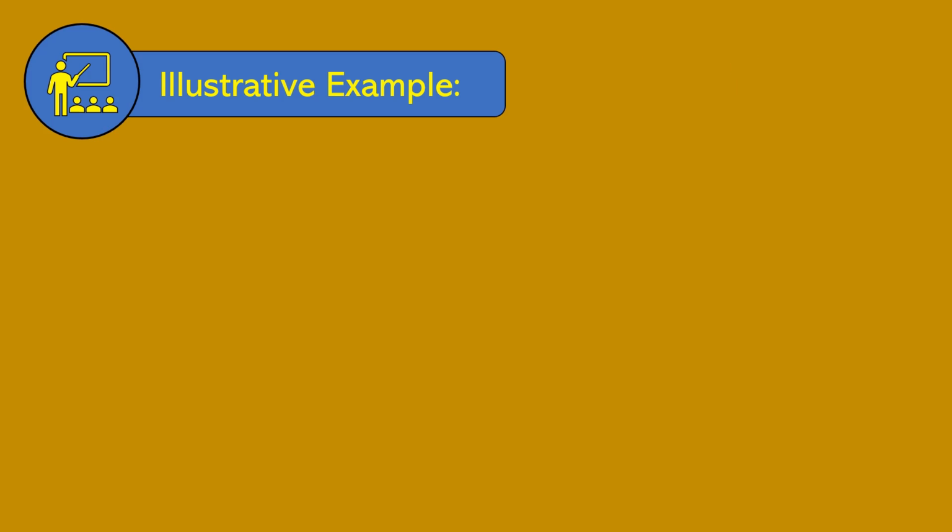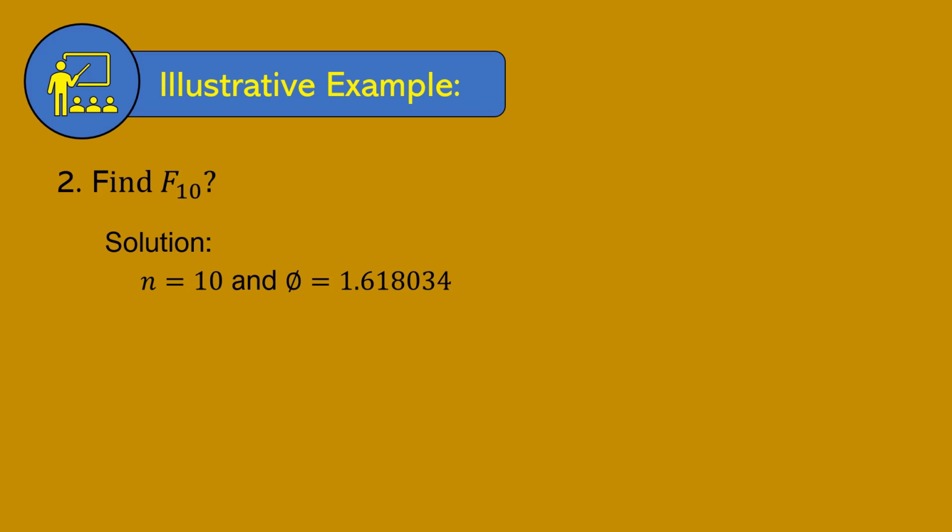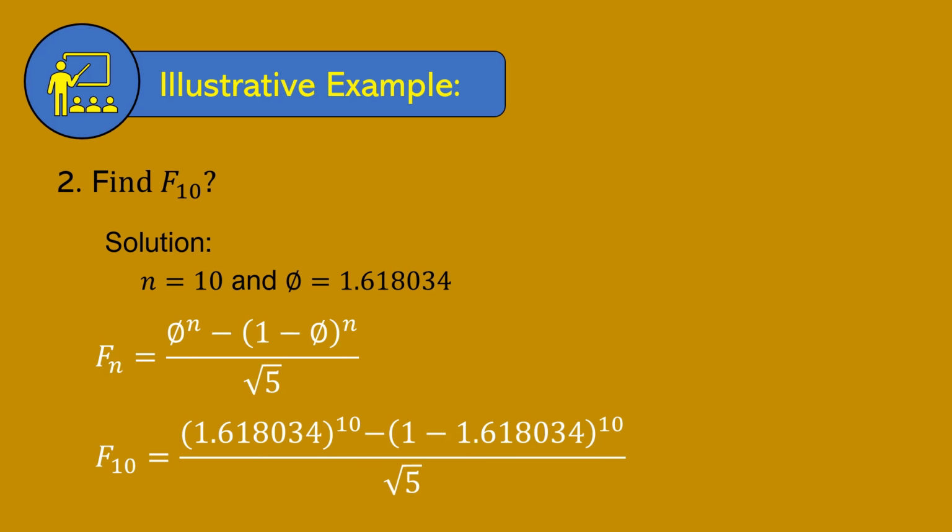Okay, let's try the next example. Find f of 10, or the 10th term of the Fibonacci sequence. N here is 10. Phi is 1.618034. So using the golden ratio formula, substitute it. N is 10, phi is 1.618034.